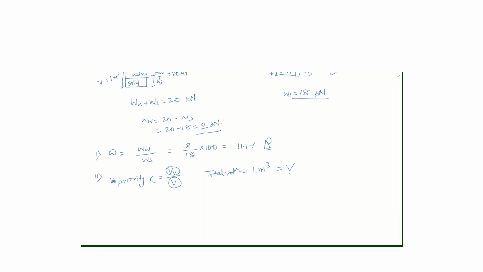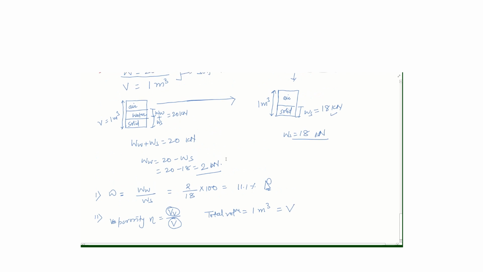If you see the figure, here you will find the volume of solid, the volume of water, and the volume of air. The summation of Vs plus Vw plus Va is equal to 1. These are the different volumes.